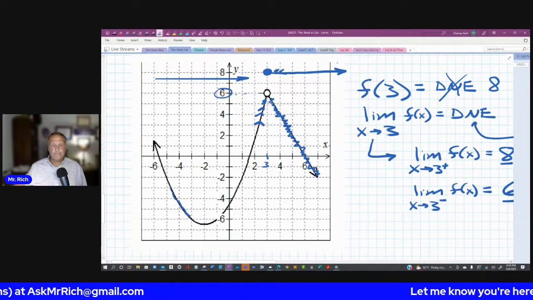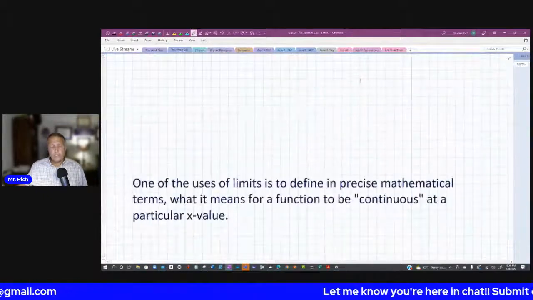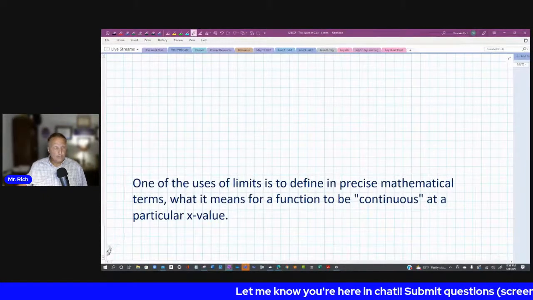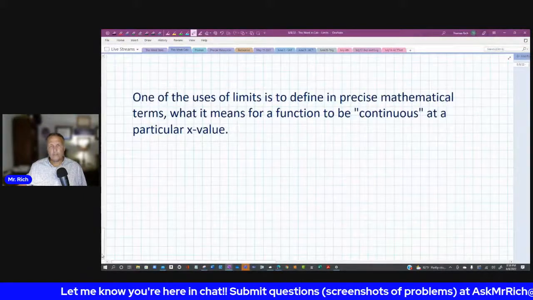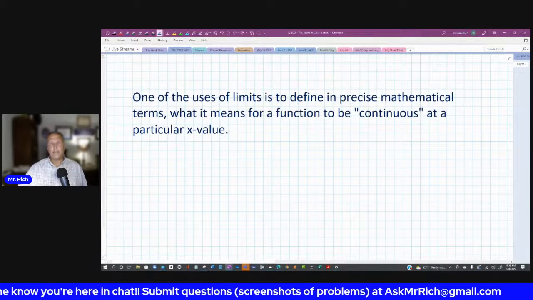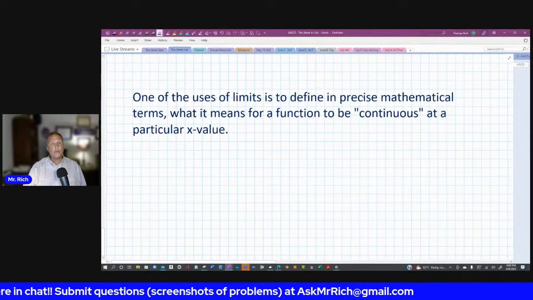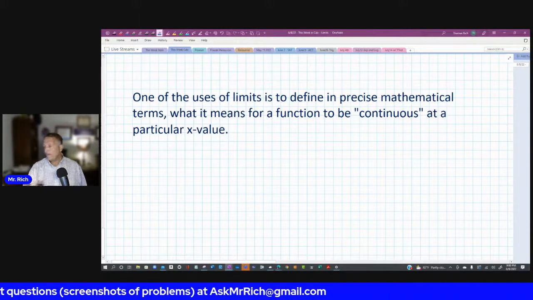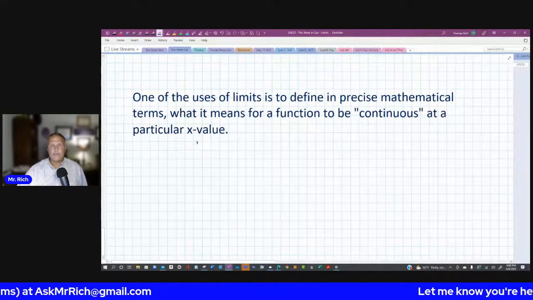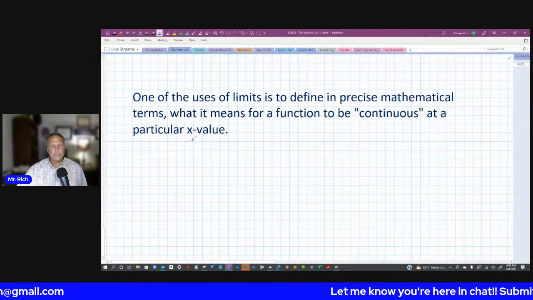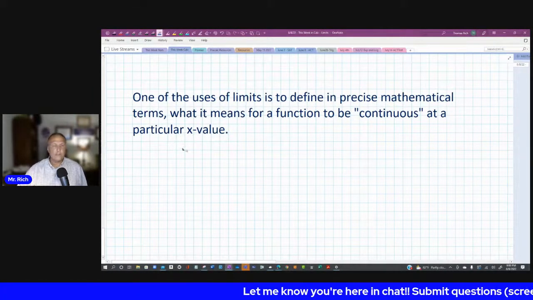But at any rate, we can use limits to define what it means for a function to be continuous at a particular x value. And this is what you're going to learn in your first unit of AP Calculus AB. That is the definition of continuity. So I'm going to go ahead and give you this definition here.